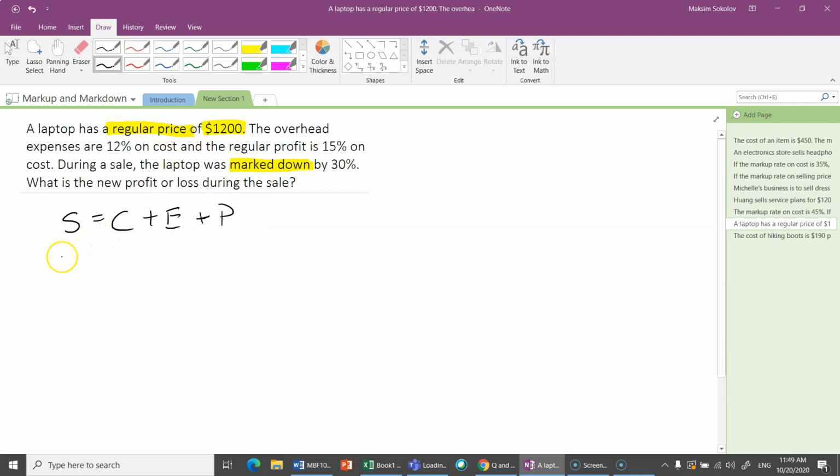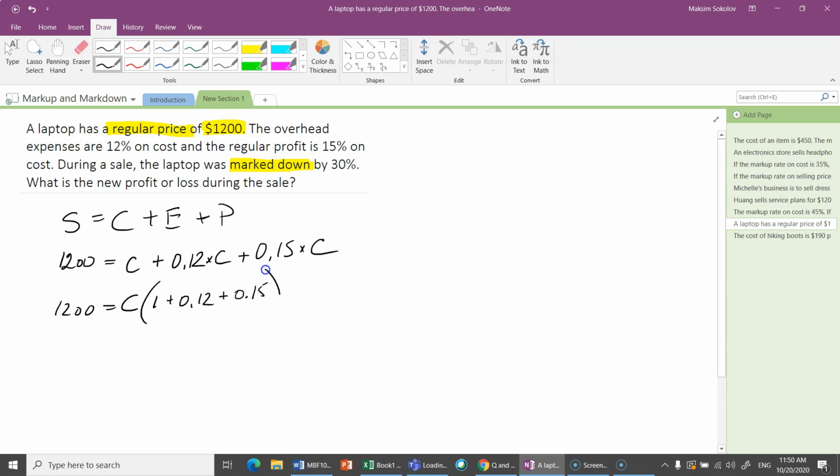And the regular price is 1,200. So instead of S, we'll put 1,200. The cost is something we don't know, so we keep it as C, plus expense is 12% on cost times C, plus profit is 15% on cost, so 0.15 times C. 1,200 is going to be C, so we factor out C, and we already discussed how this works.